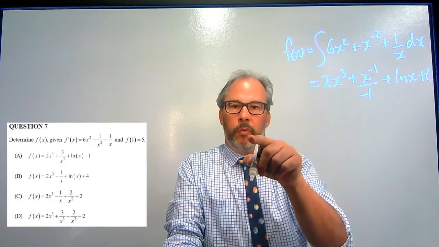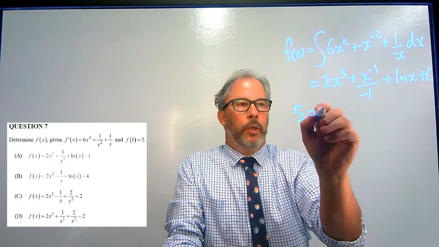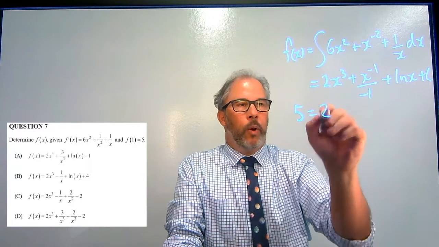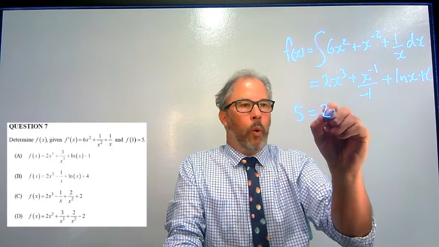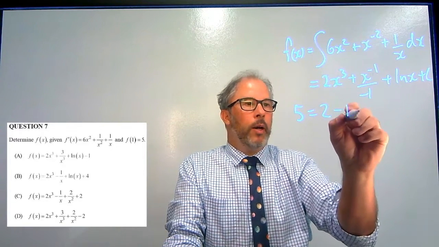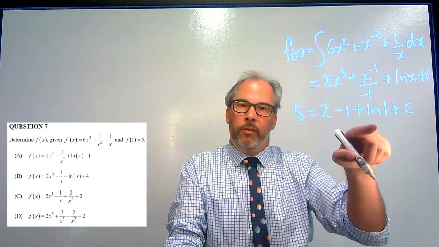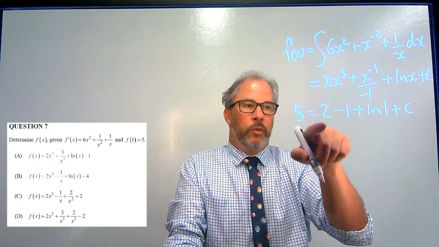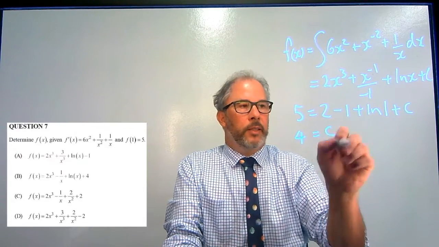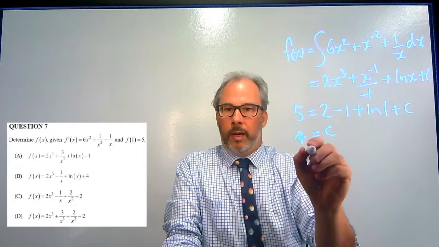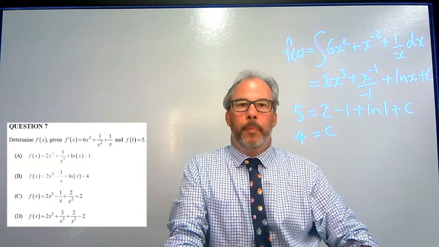Now, they give me some more information, and that is when x is 1, f of x is 5, so 5 should equal 2 times 1 cubed, which is 2, minus 1 over 1, which is just 1, plus ln of 1 plus c. Hopefully, you know ln 1 is going to give me 0, so I've got 2 minus 1, which is 1, 5 take away 1, that's going to give me 4. So c is 4. I don't need to write the full function out, you can see there that it is answer B.